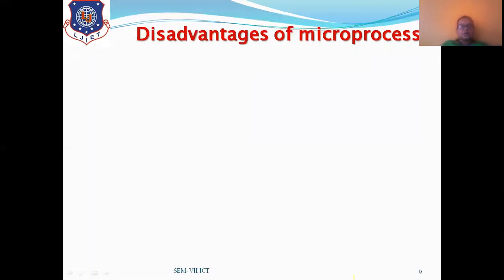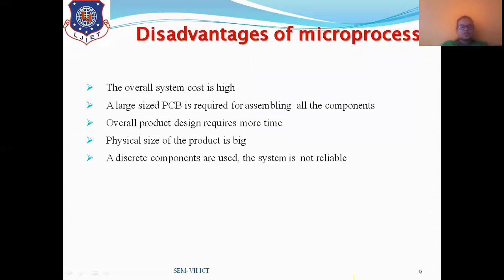Now, going towards the next topic, that is disadvantages of microprocessor based system, right? So these are some of the listed disadvantages of microprocessor based system. First disadvantage, the overall system cost is high for a microprocessor based system, right? Second, a large size PCB is required for assembling all the components, right?